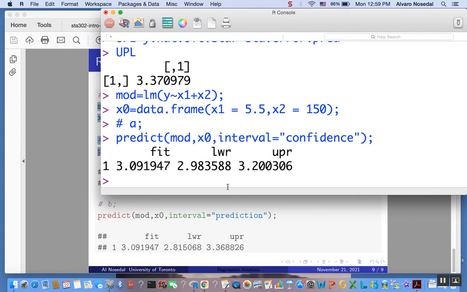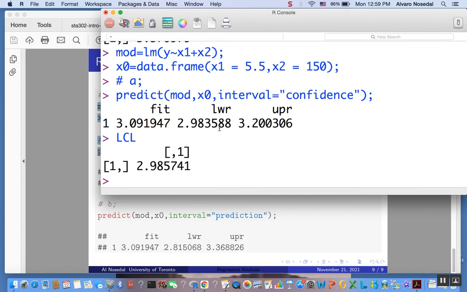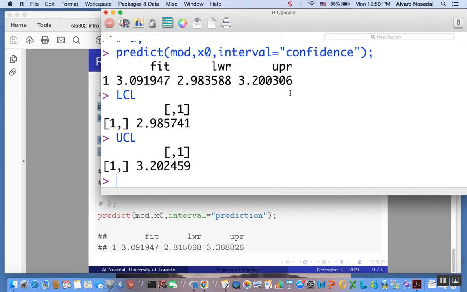So let's see. We set the lower confidence limit, okay, upper confidence limit, right? So really close to what R gives you with that built-in function.